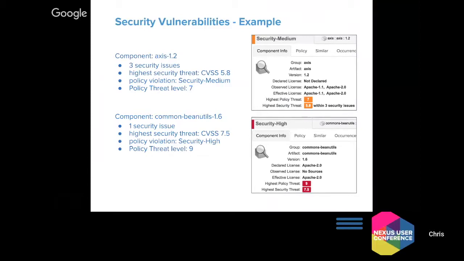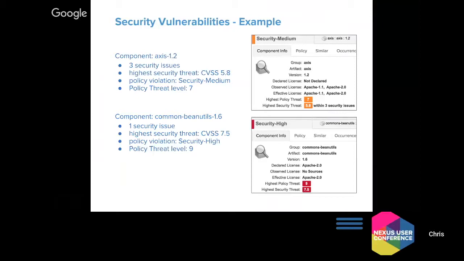So here's a couple examples. Up at the top here, I have a component. It's Access 1.2, and it has 3 security issues associated with it. The highest security threat on those issues is a CVSS of 5.8. That's probably a good place to start.